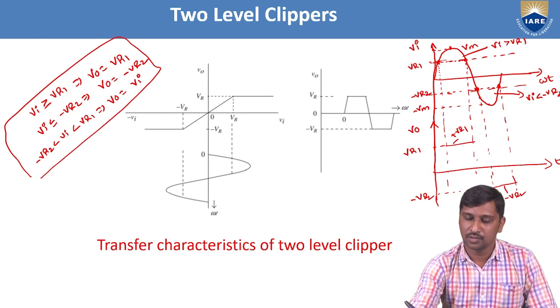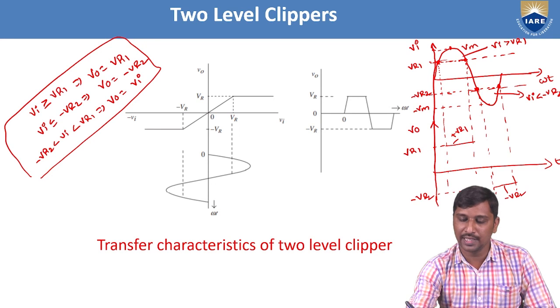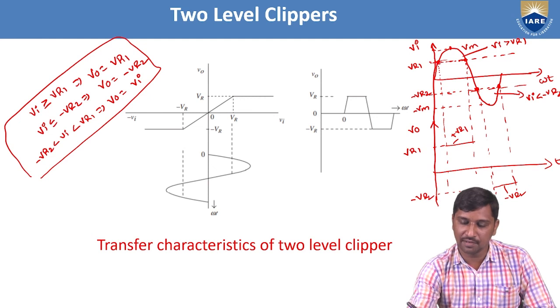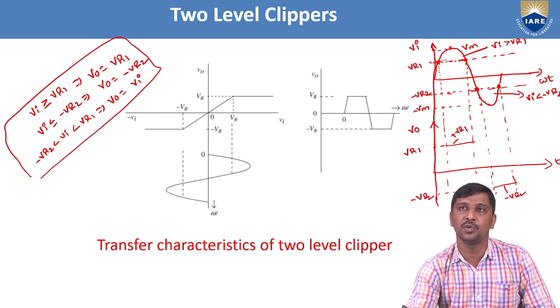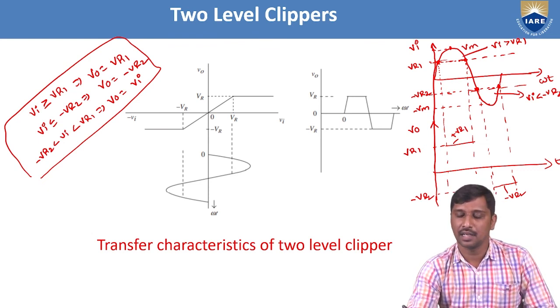Now for the remaining part, from this node to this node, what happens here? The input voltage lies between VR2 and VR1. Again from this node 0 to plus VR1, again this VR1 to minus VR2, again this minus VR2 to 0. In all these regions, the input voltage lies between VR1 and VR2.